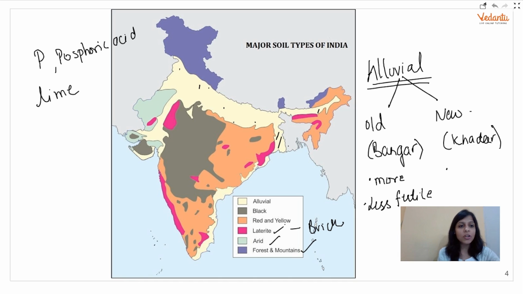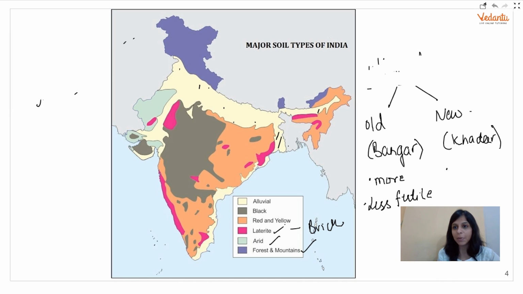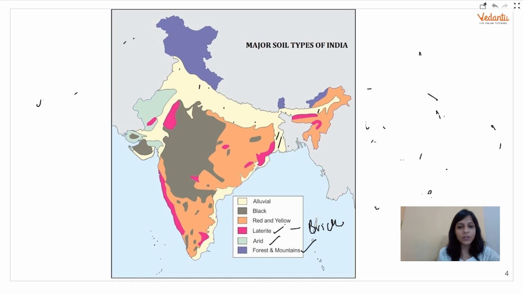Okay, now I'm going to talk about black soil and I'm going to mark it. Before that, let me erase whatever I've written about alluvial so that I find space. If I talk about black soil, you can see this Deccan trap.